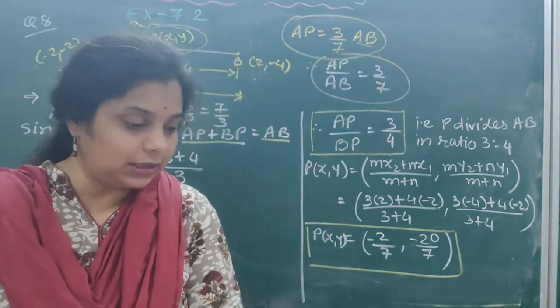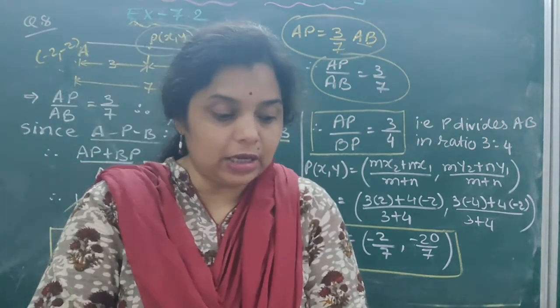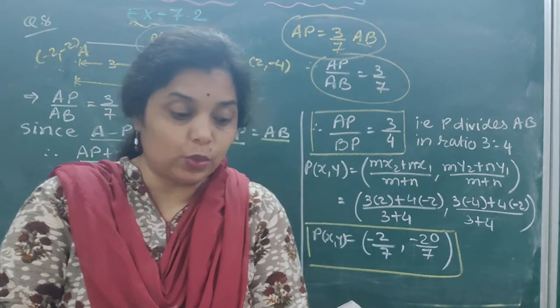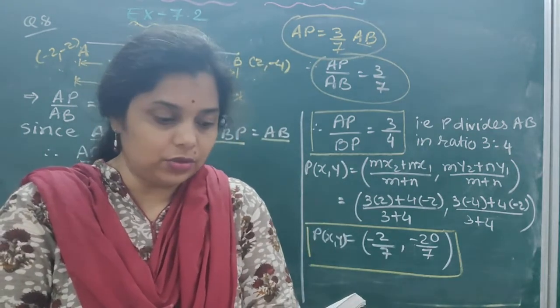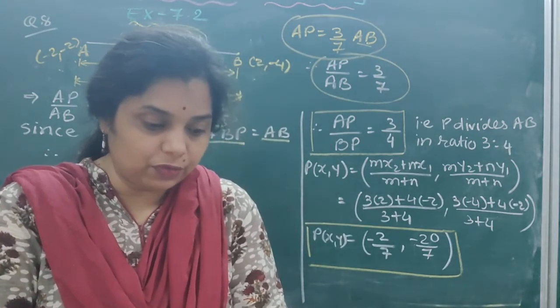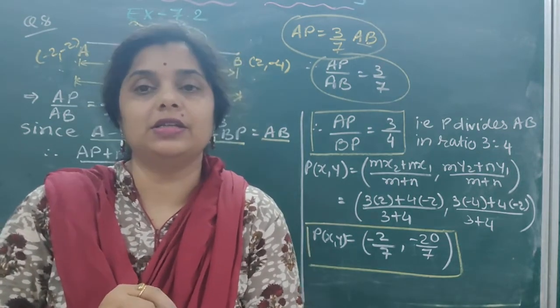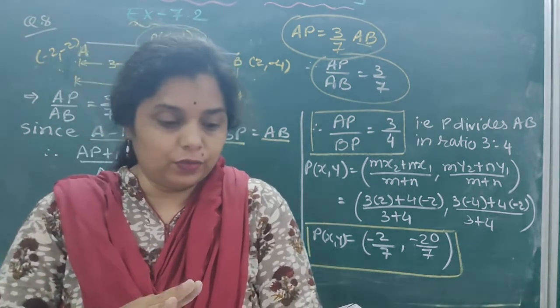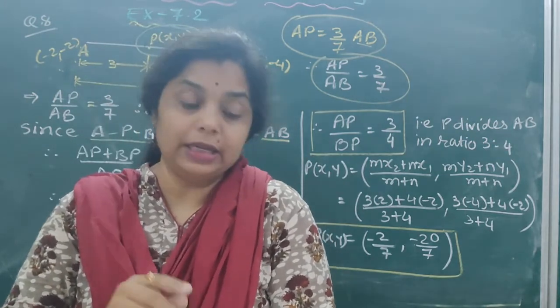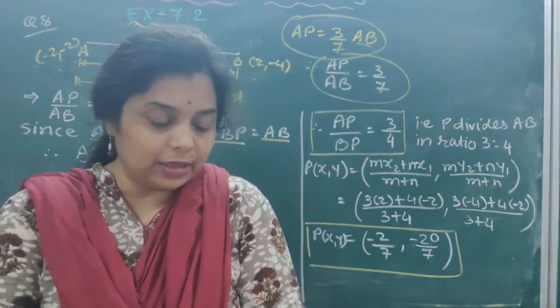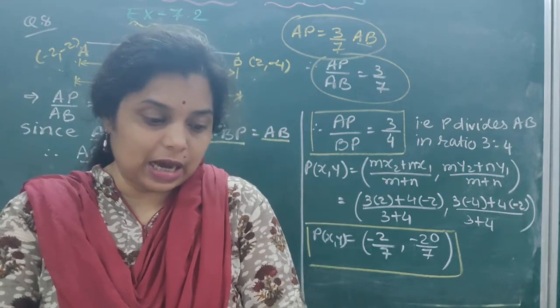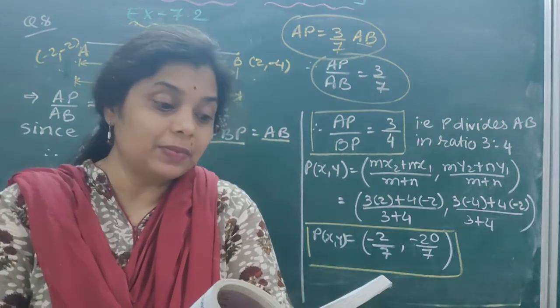Now next, the 10th question. Find the area of a rhombus if its vertices are (3, 0), (4, 5), (-1, 4) and (-2, -1). It is already given that it is a rhombus and the 4 vertices are given. The hint is already given that the area of a rhombus is half into the product of its diagonals.